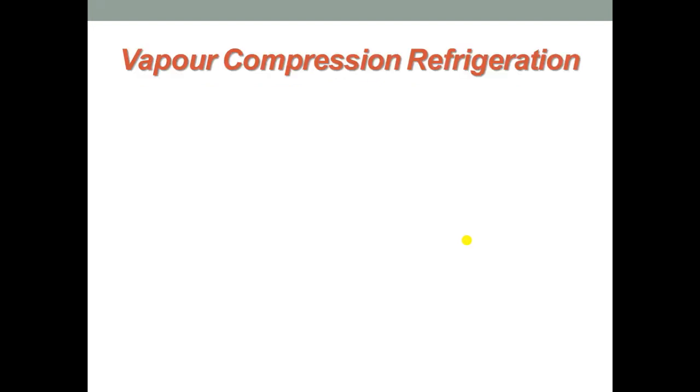We start with vapor compression refrigeration. It is the most practical form of refrigeration that finds use for domestic purposes as well as in many large commercial and industrial applications.